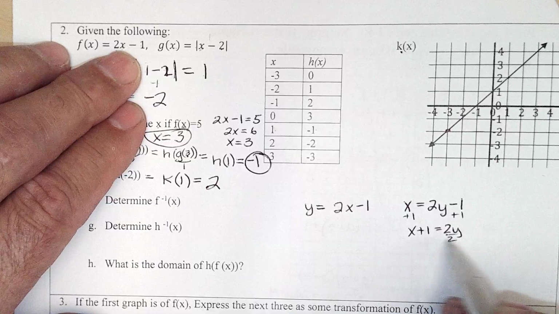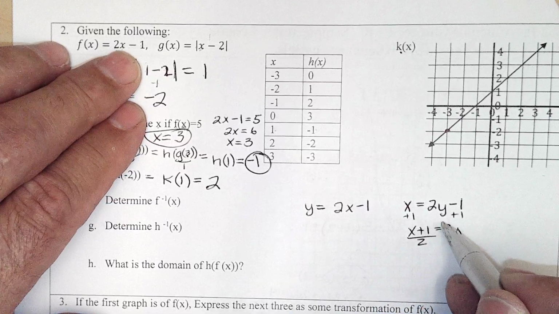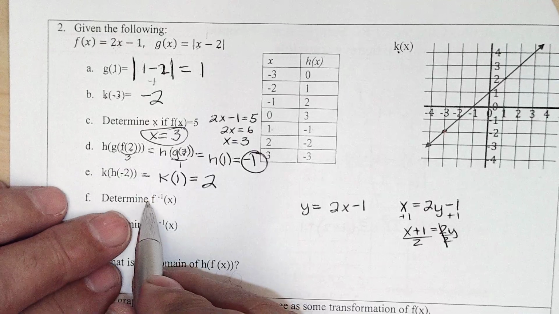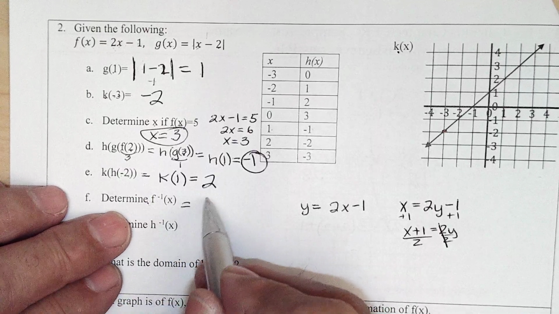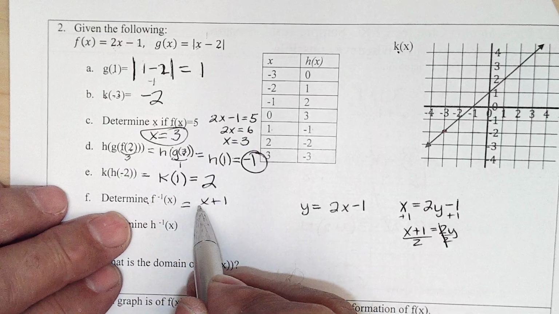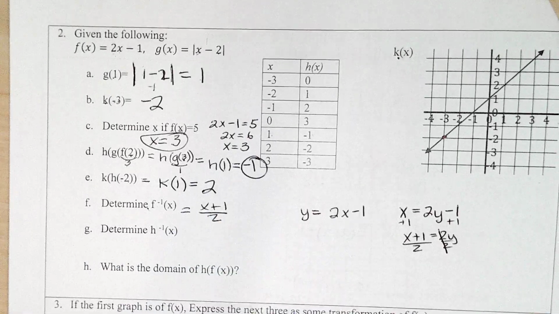And divide by 2. And I get the inverse is x plus 1 over 2.